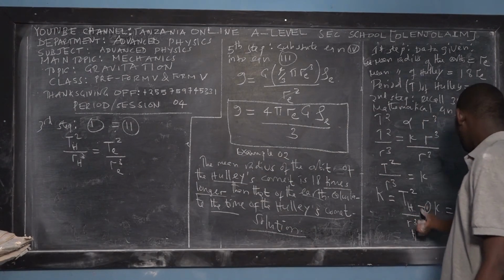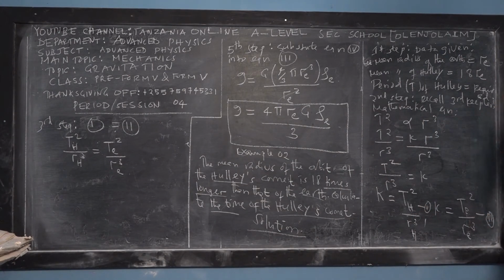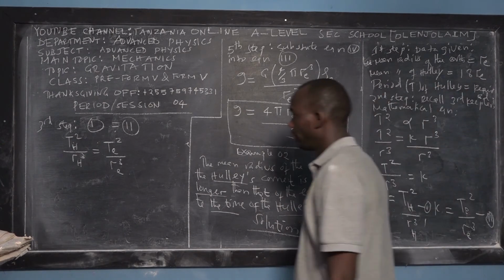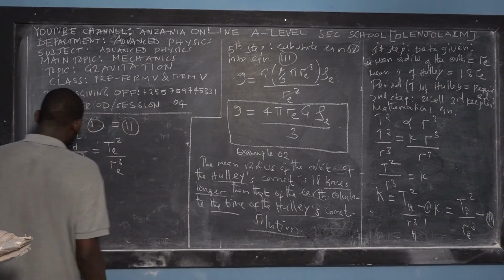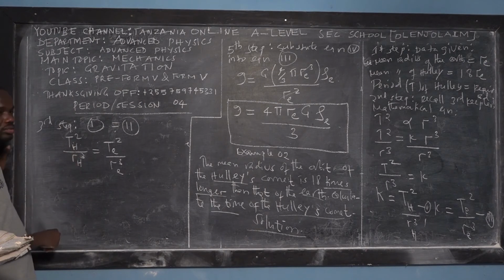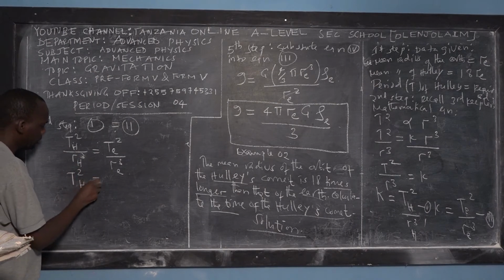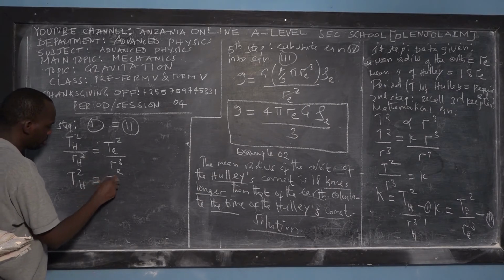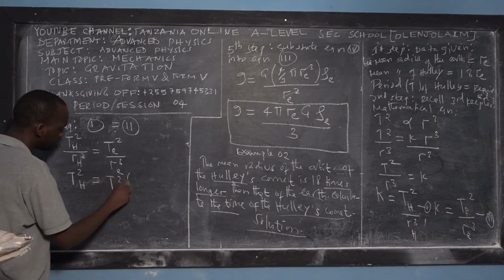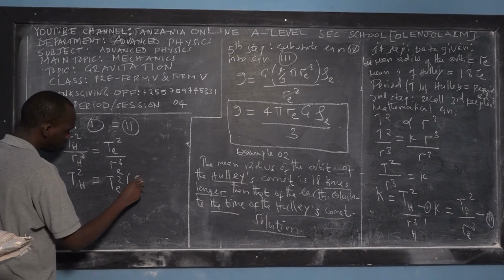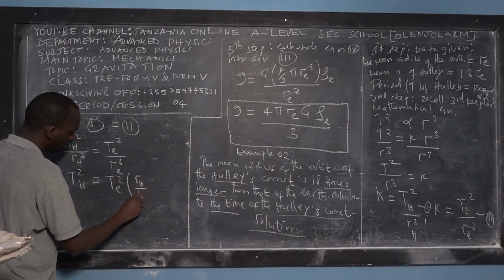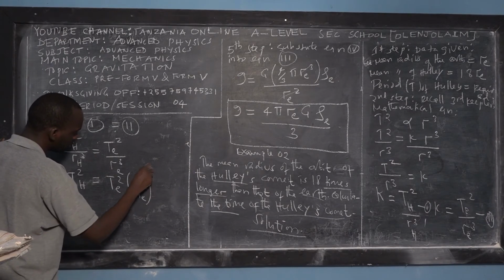I took this equation and equated it with this. Right? So when you equate, what are we looking for? We are looking for this one. So the period square of Halley will be equal to the period of the S square, radius of the Halley over radius of the S cubed.